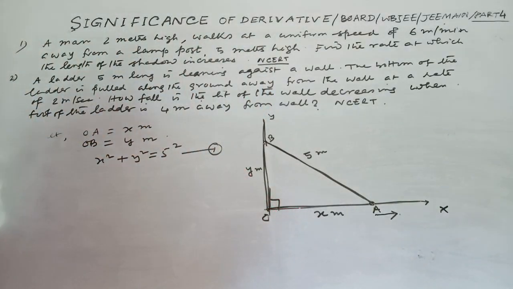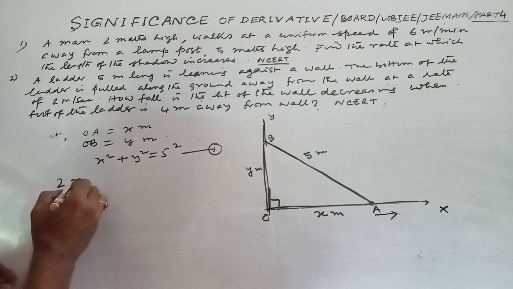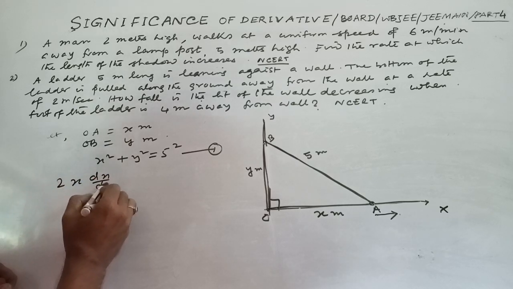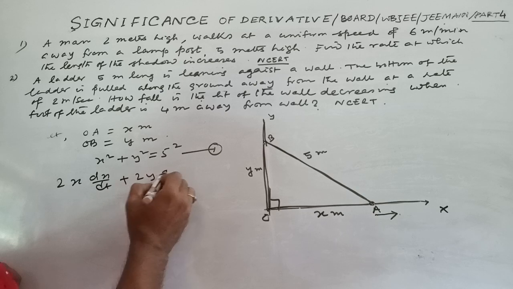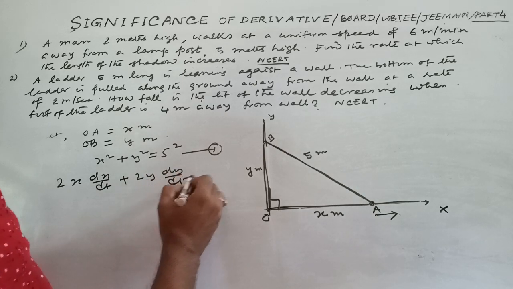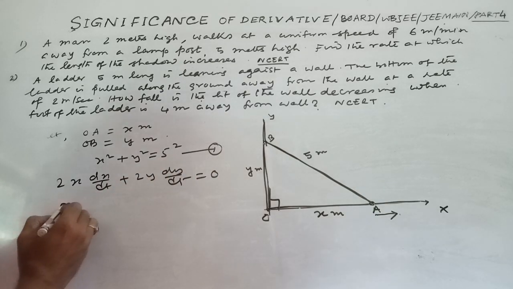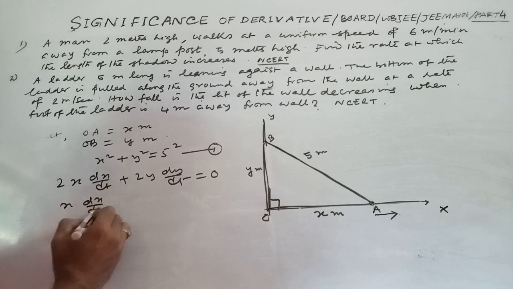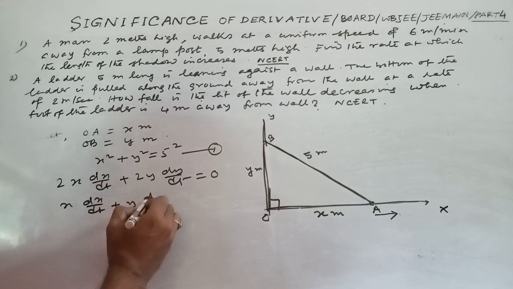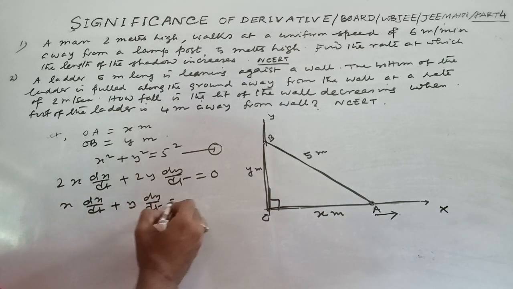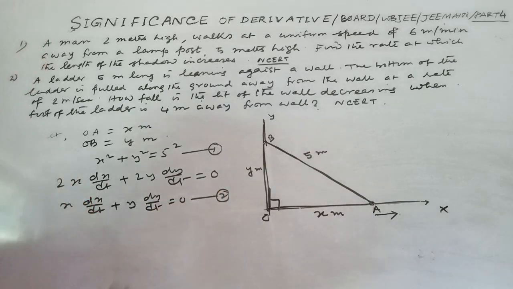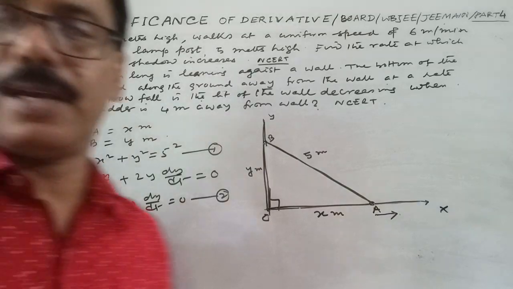Now differentiate: 2x dx/dt plus 2y dy/dt with respect to t equals 0. So x dx/dt plus y dy/dt equals 0. Call it 2.